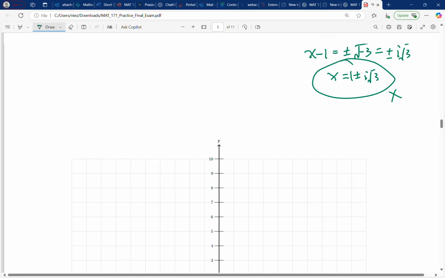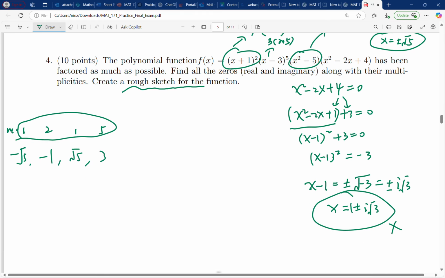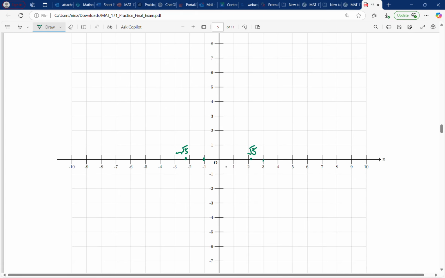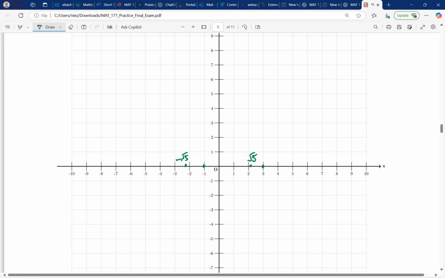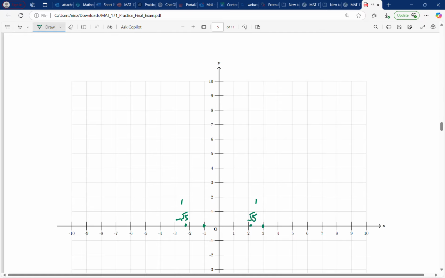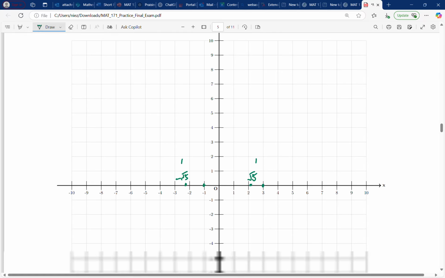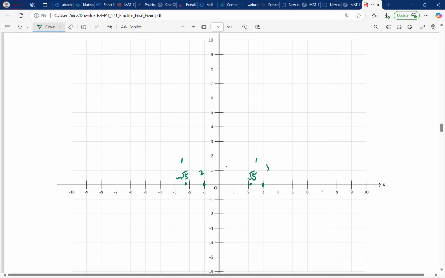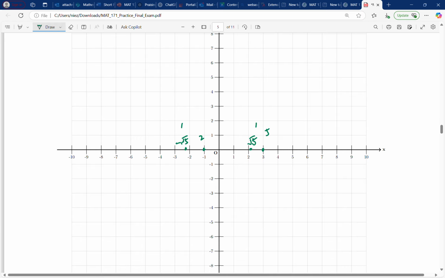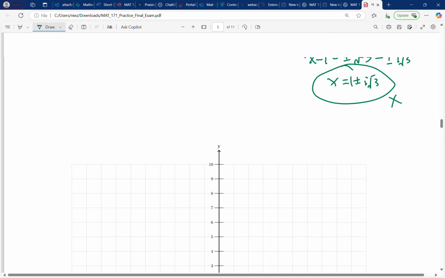And then we have 3. Those are the zeros. This is multiplicity 1, multiplicity 1. The negative 1 is multiplicity 2, and 3 has multiplicity 5. Just take a note. Then you can erase it later after you finish the graph.